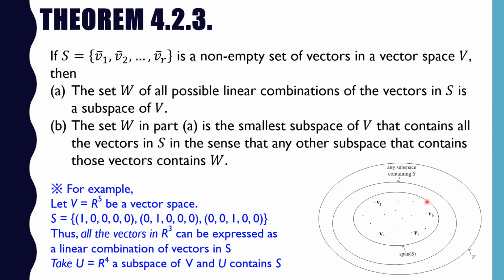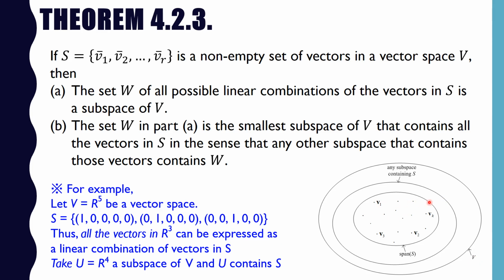So R5 is a vector space. If we pick a set of three elements in S, that generates R3 space, which itself is a vector space and a subspace of R5. If I pick one more subspace R4, which is contained inside R5, definitely that R4 encloses R3.